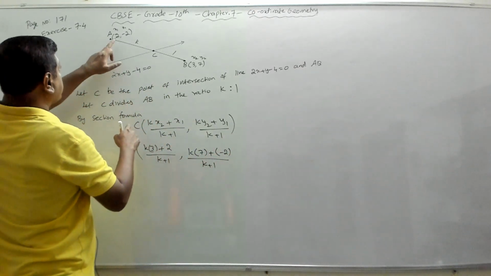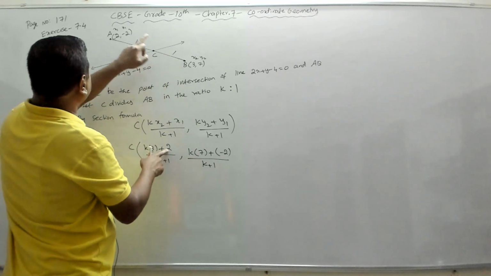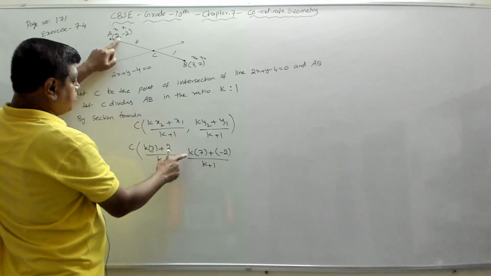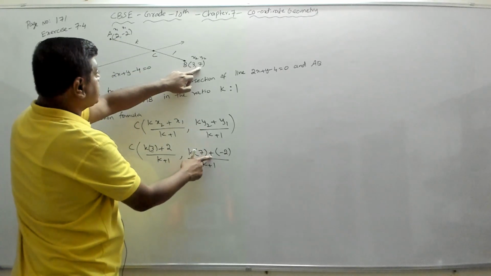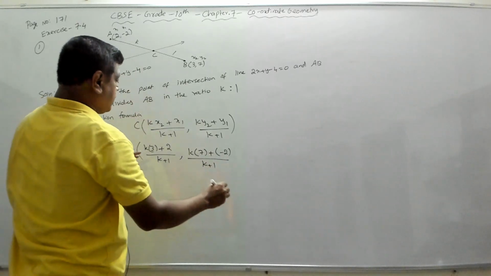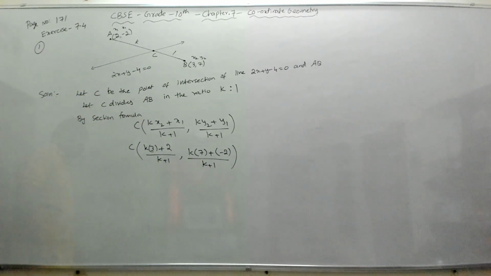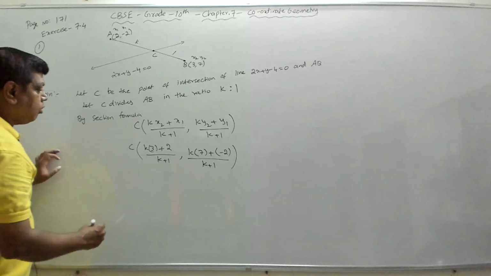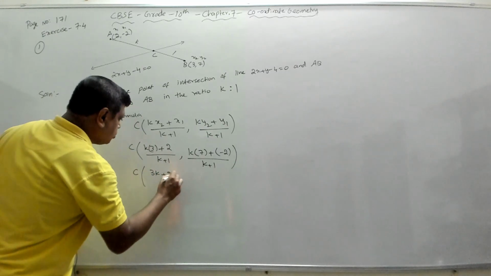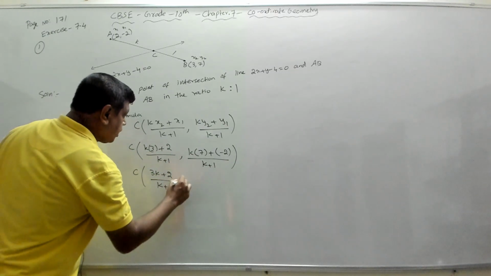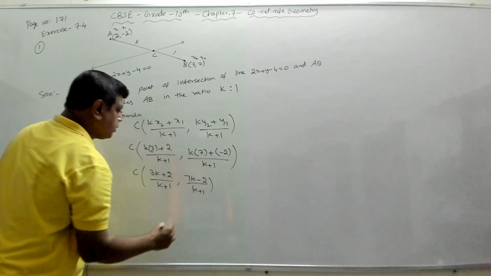So this is our point C. Now if you simplify, this becomes (3K plus 2) by (K plus 1), (7K minus 2) by (K plus 1).